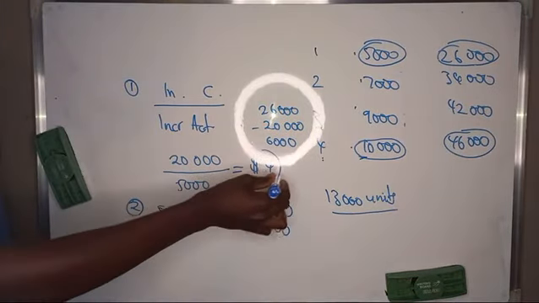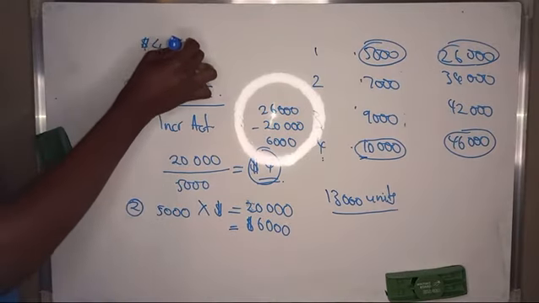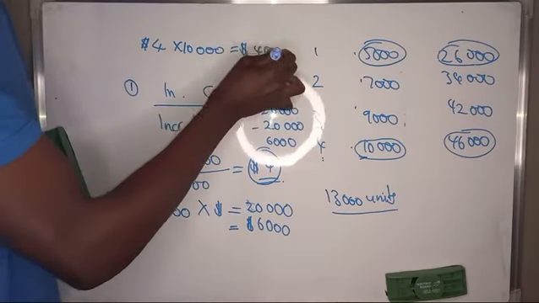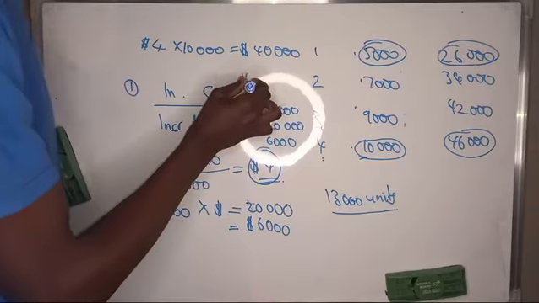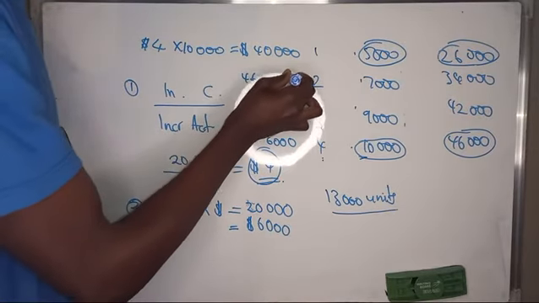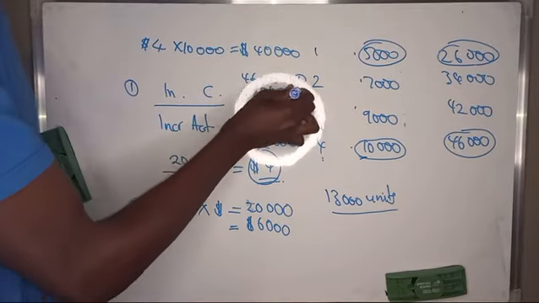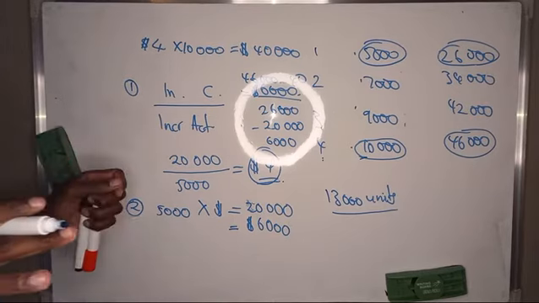Variable cost is $4 multiplied by 10,000, which is 40,000. So 46,000 total cost minus 40,000, we still get 6,000 as your fixed cost.